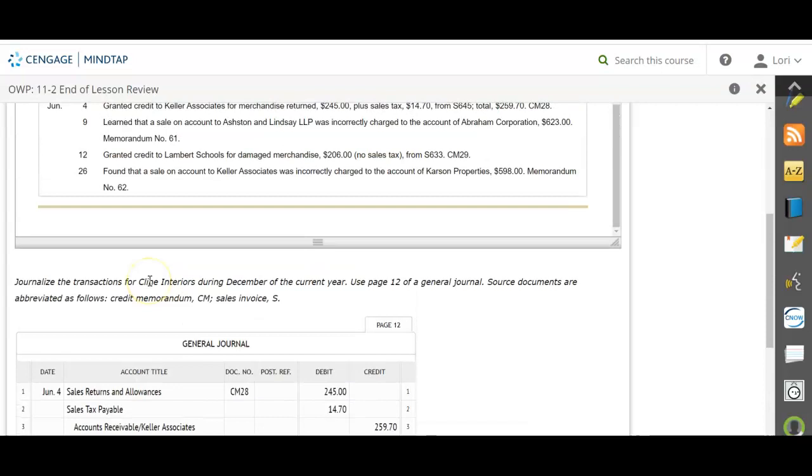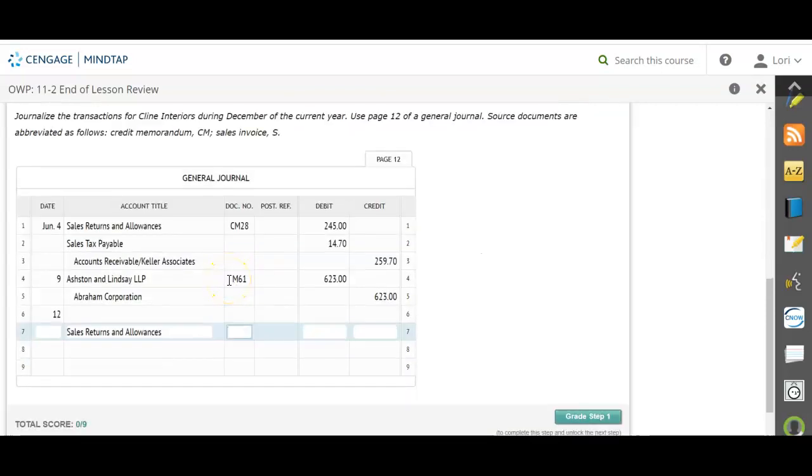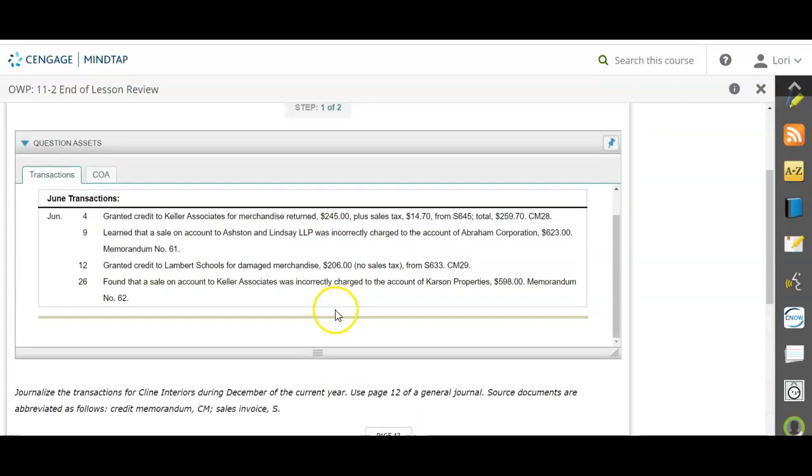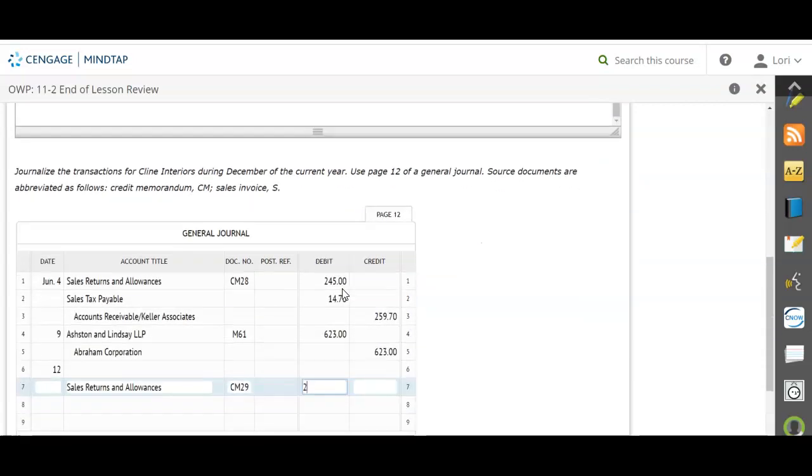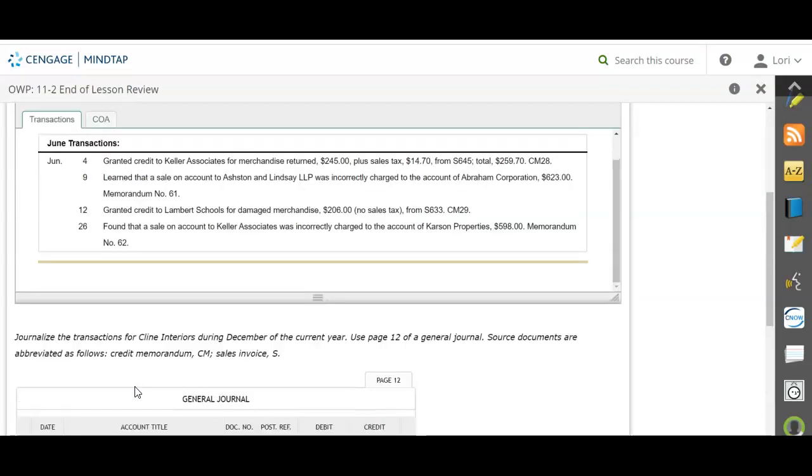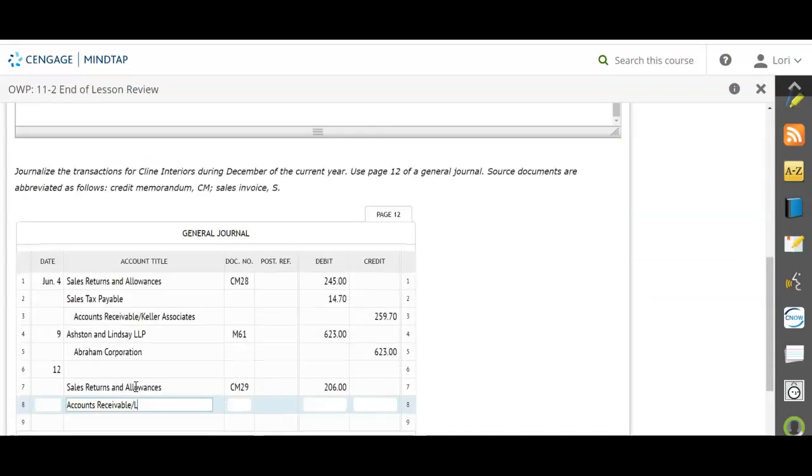It is credit memo 29, and we are going to debit for $206. Then this is going to be accounts receivable, and what's the school? Lambert Schools.